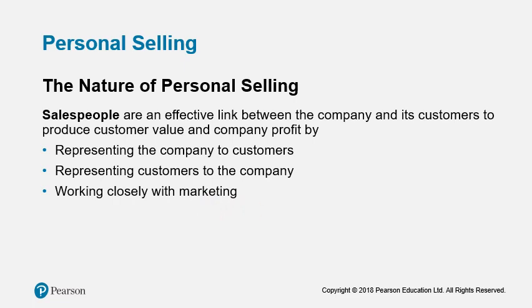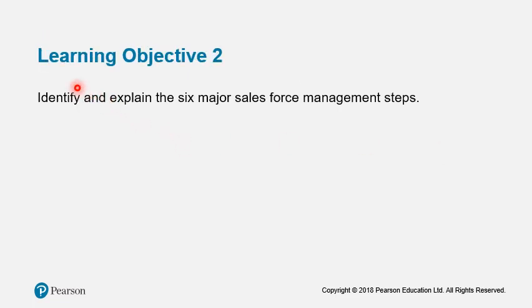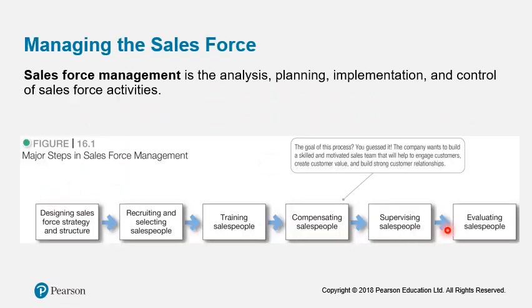that is suitable for that particular customer. Now let's look at learning objective number 2, which is to identify and explain the 6 major sales force management steps. Sales force, as you know, is the salespersons. Sales force management is the analysis, planning, implementation and control of sales force activities.